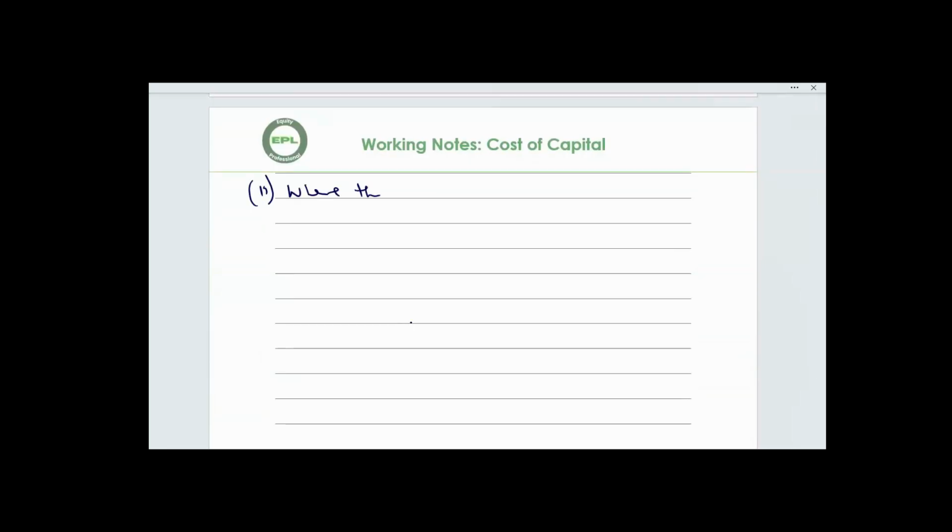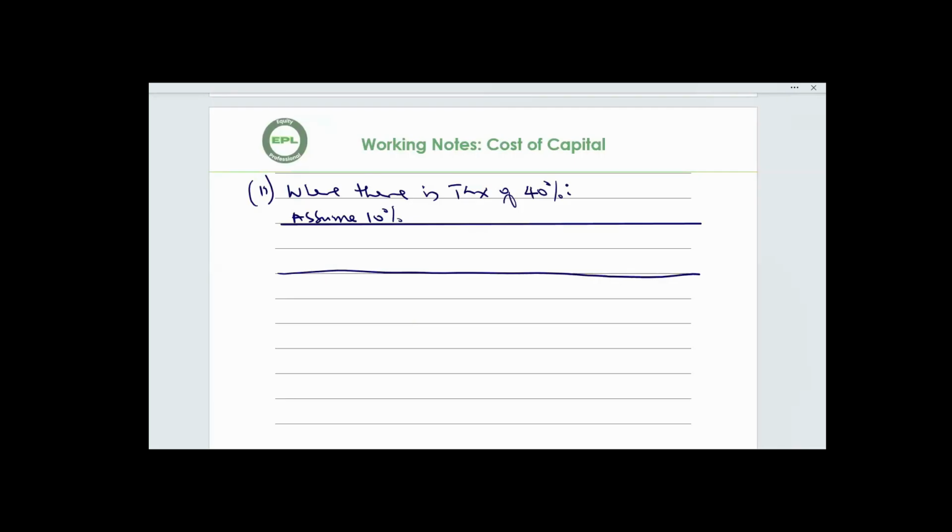where there is tax of 40%. So let's calculate NPV also. Assume 10%. So create a column for year.